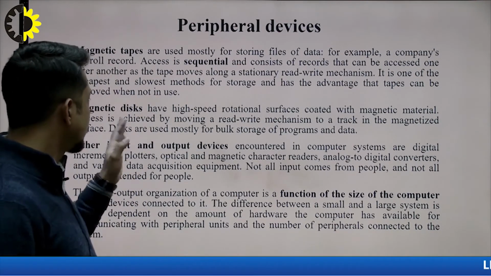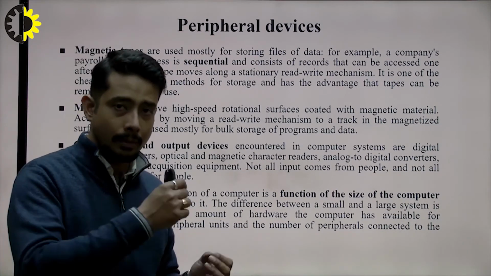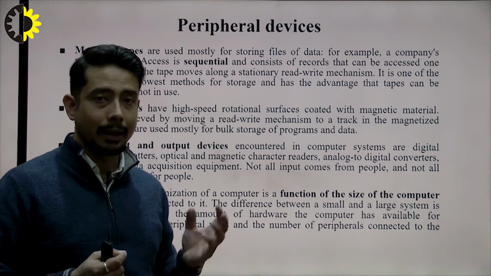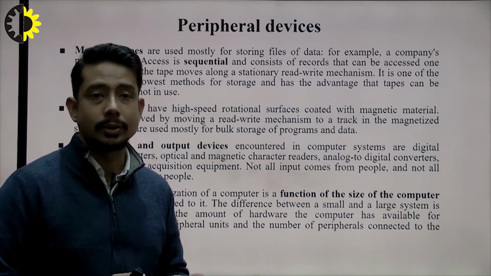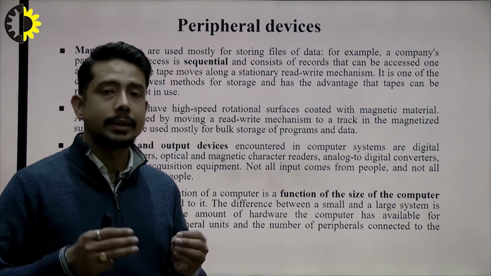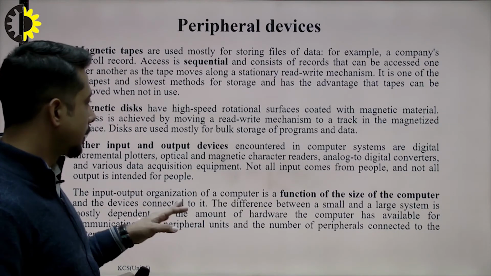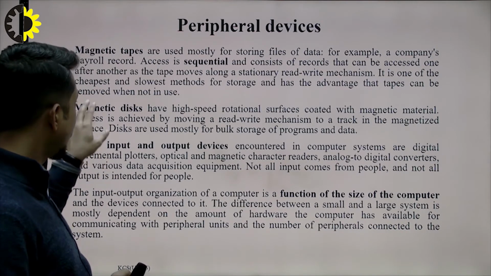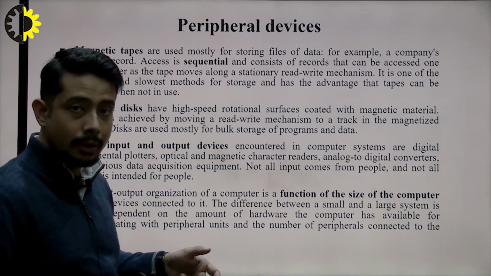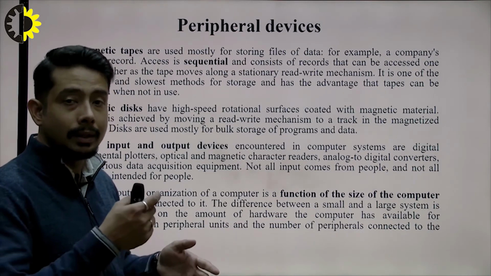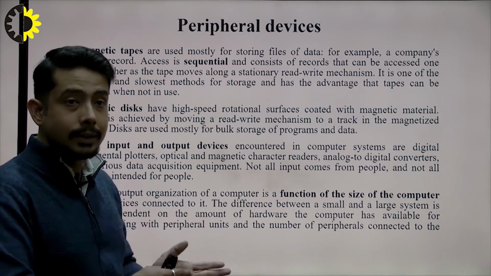Next comes the magnetic disk part. Compared with the magnetic tape, the magnetic disk has high speed rotational surfaces, and these are coated with magnetic materials. On accessing, with tapes access is done in sequential order, and the records are accessed one after another as the tape moves.